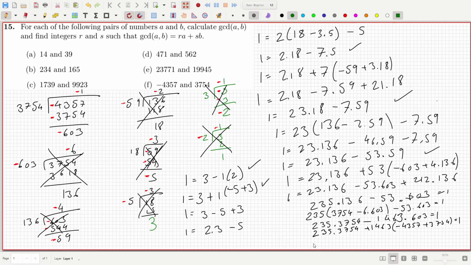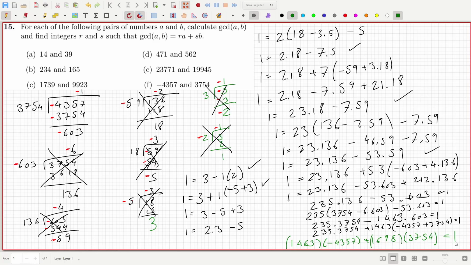So that is 1463 times minus 4357 and then 235 plus 1463 plus 1698 times 3754 equals 1. Let's see if that's right.